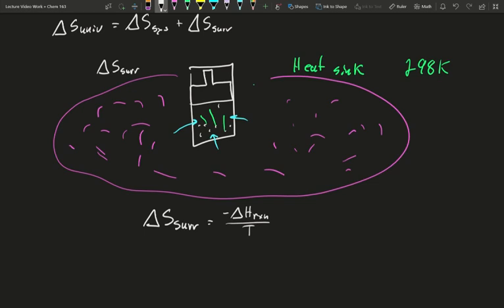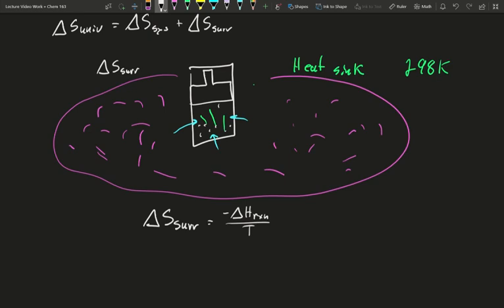Whatever the heat energy change necessary is, divided by the temperature, that's going to be the change in the entropy of our surroundings. If our reaction was to give away a great deal of energy and be exothermic, you'd have a negative on top, so it'd be positive. Your surroundings would increase in entropy, because if you do a reaction that gives off heat, that energy would go into the surroundings and be absorbed, increasing the entropy of the surroundings.